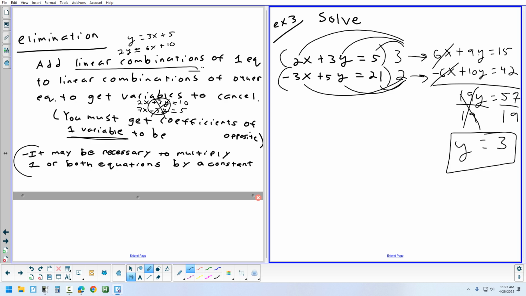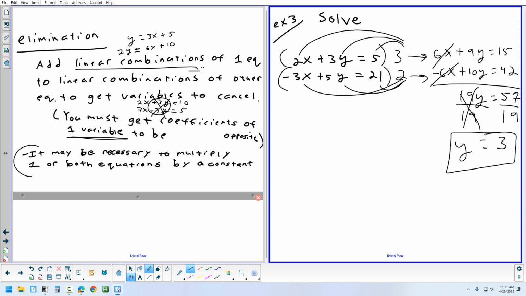Okay, any question how we got 3 for y? Now, this time, since we didn't do substitution, we don't have a nice formula that already says x equals. We just have to take this and plug it back in. We can choose top or bottom equation. Top? Okay.